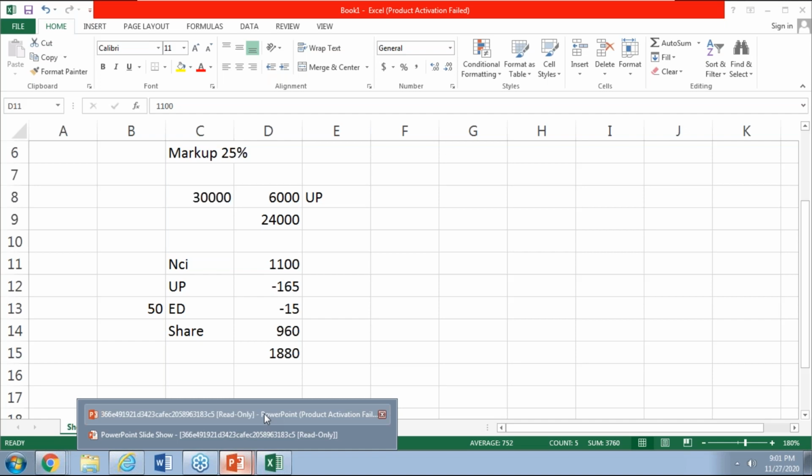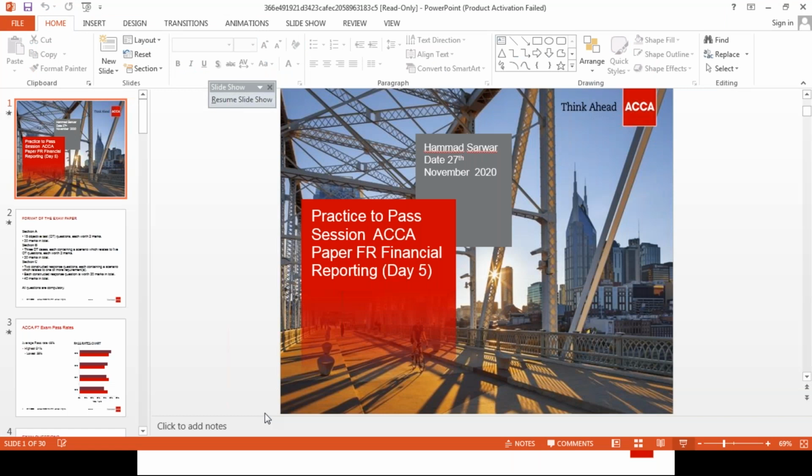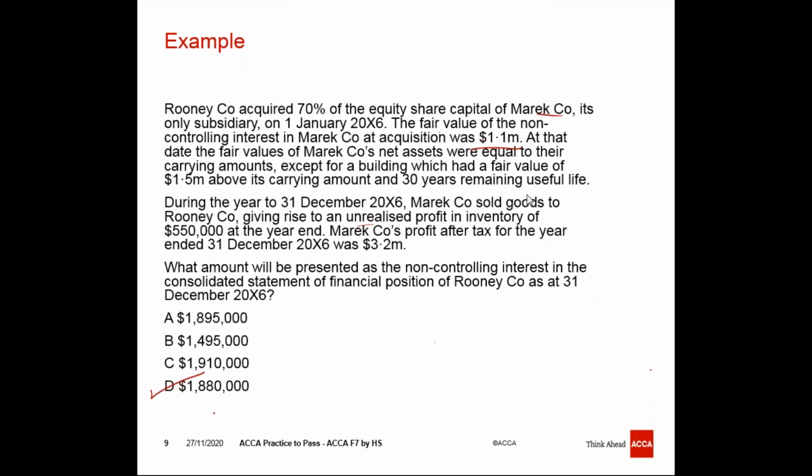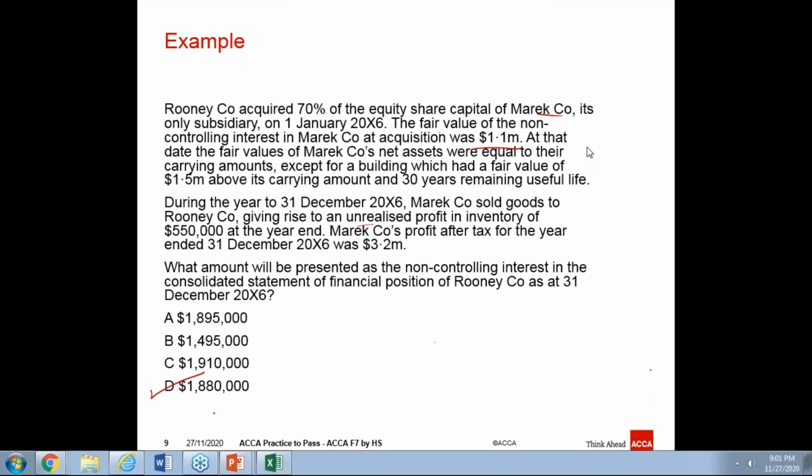Actually, the questions which we are discussing right now are the most challenging questions in the examination according to the examiner's report. These are the challenging questions from the examiner's report which I have collected to tell you that these are the toughest and most difficult questions for the examination. But you cannot say that all questions will be like this.